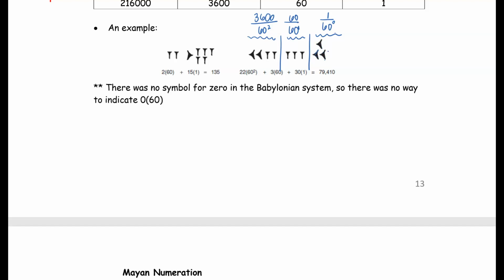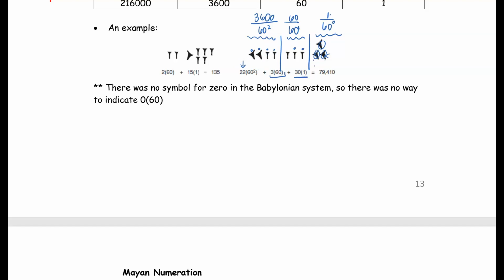So these symbols right here are 10. So 10, 20, 30. It means we have 30 groups of size 1, so that's where you see the 30 times 1. Right here we have 1, 2, 3 groups of size 60, and right here we have 10, 20, 1, 22, so 22 groups of size 60 squared, or 3600.